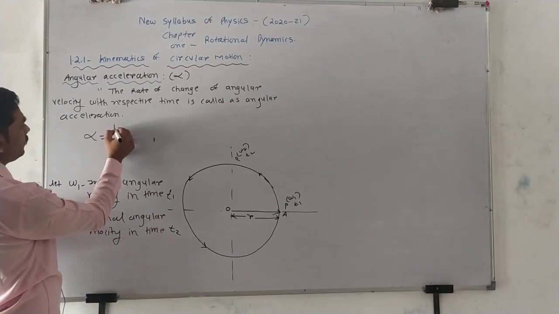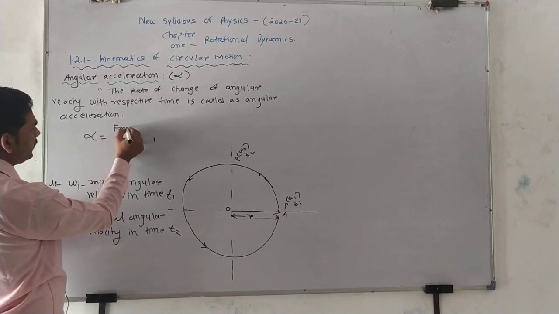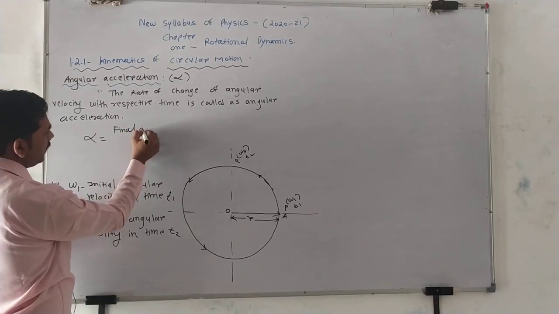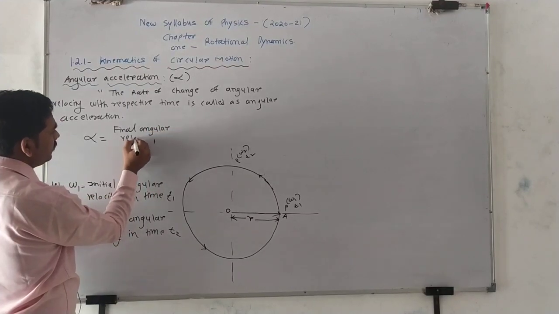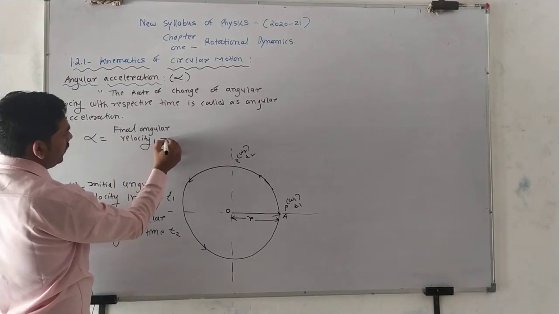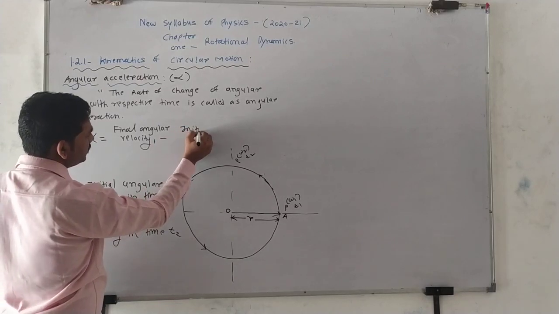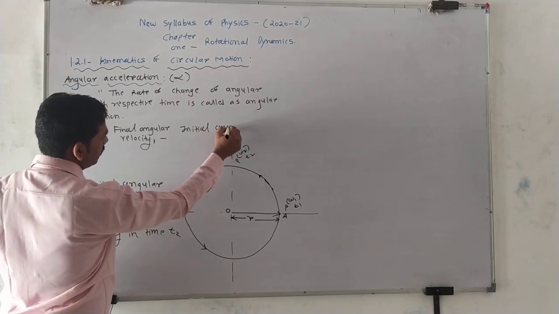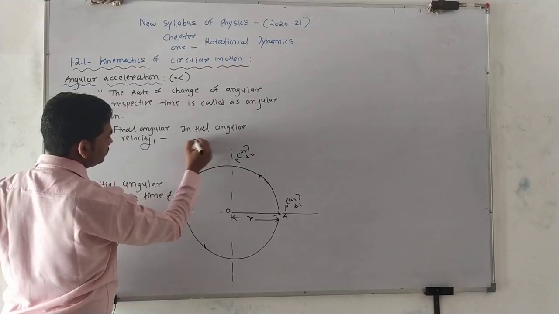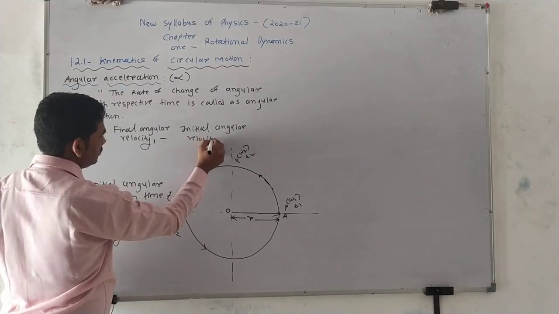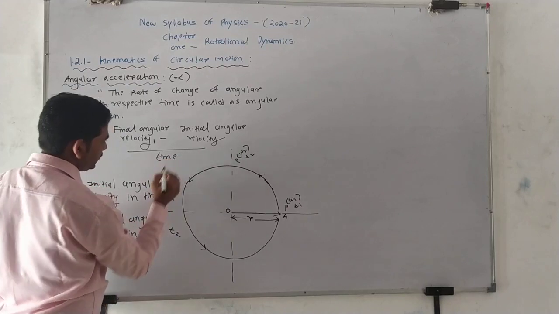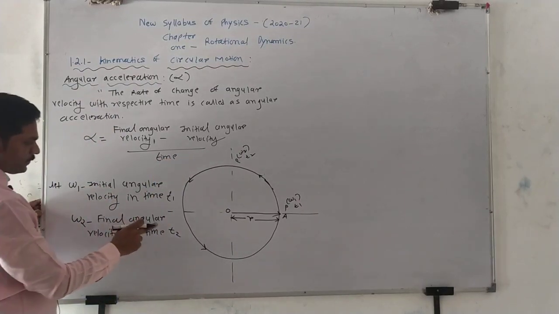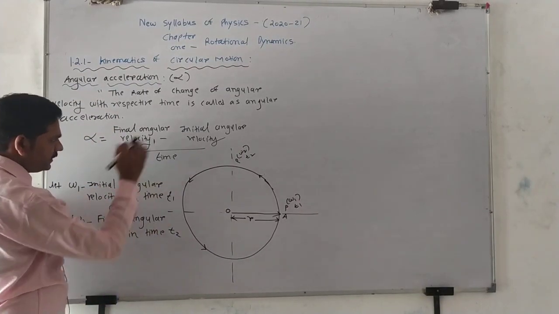I write the final angular velocity minus the initial angular velocity, with respect to time, the final time minus the initial time.